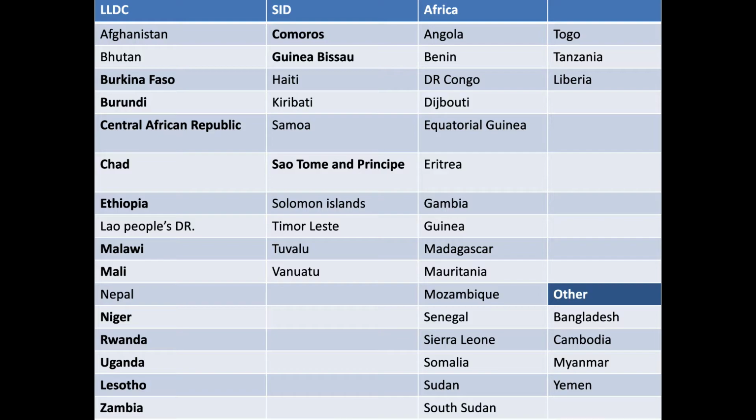There's clearly something going on here, which is, of course, why we're going to study it in this module. But very clearly, there are three key reasons why you might end up as a least developed country. Landlocked, small island, African. There are 4 exceptions, and I'm not going to go through them, but I'm sure you will certainly know from just your general knowledge that these countries have got some particular issues going on, shall we? And leave it at that.